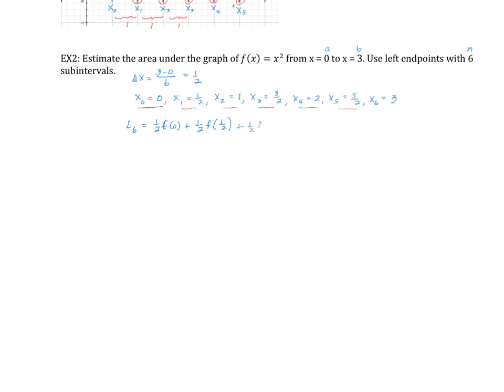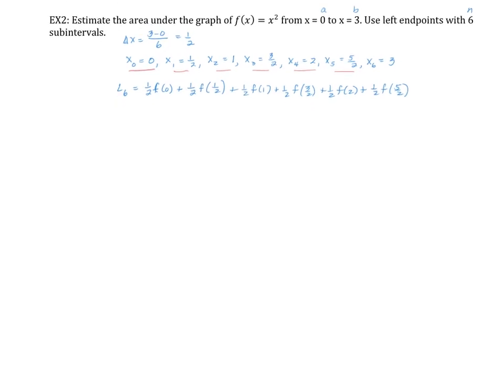Plus 1/2 f of 1 plus 1/2 f of 3/2 plus 1/2 f of 2 plus 1/2 f of 5/2. So these are the areas of 1, 2, 3, 4, 5 of my 6 rectangles.